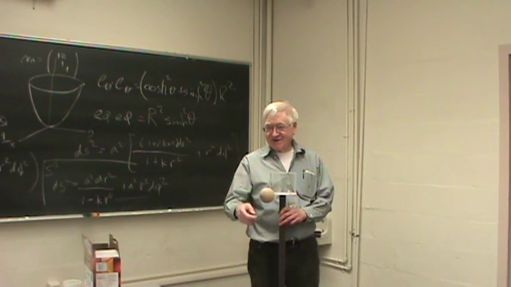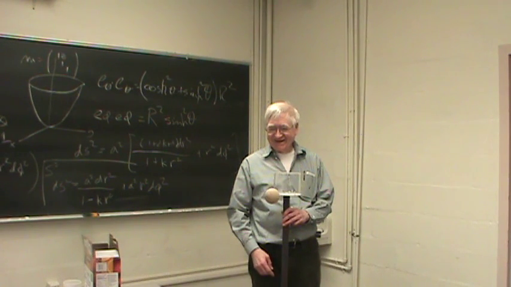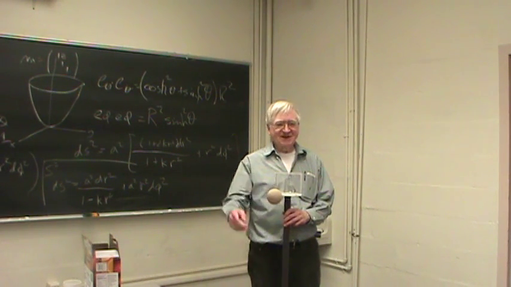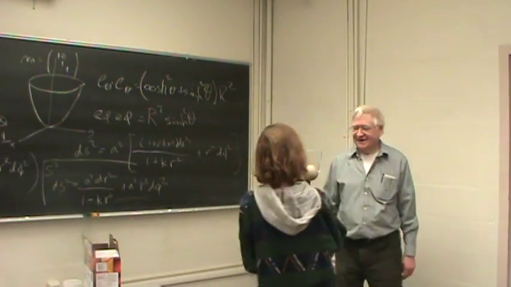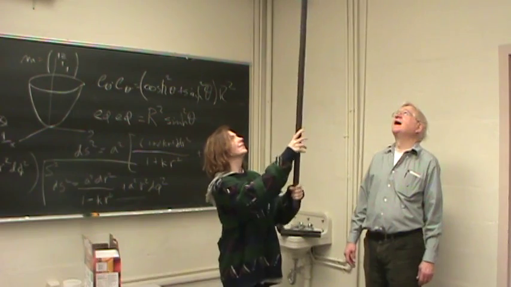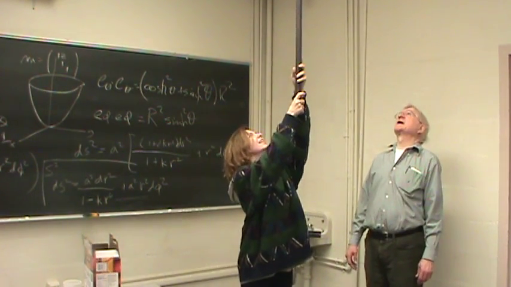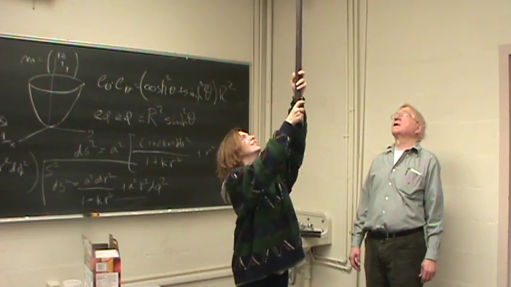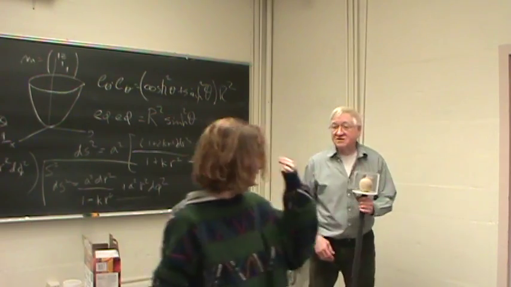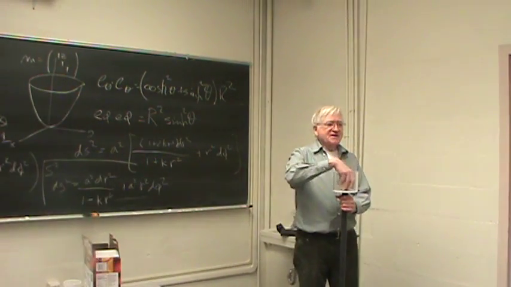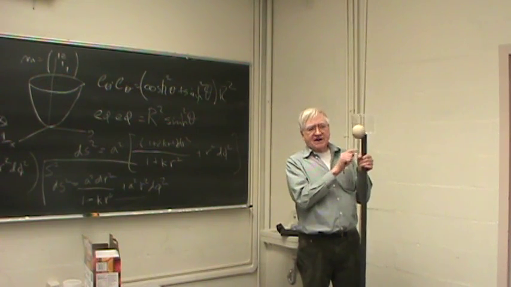So, do you want to do the demo? Sure. I did this in another class. Go as high as you want. You don't have to make it higher than you can reach comfortably. Okay, well done. All right, so here's what happens. If the thing is sitting there, there's a spring in here.